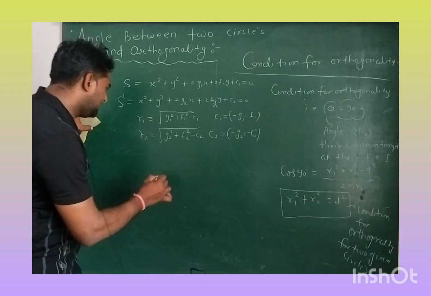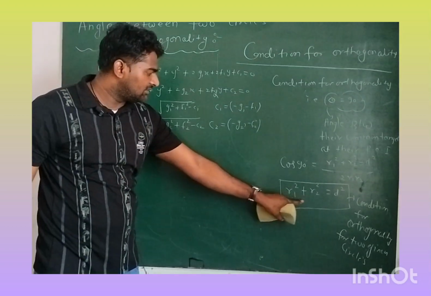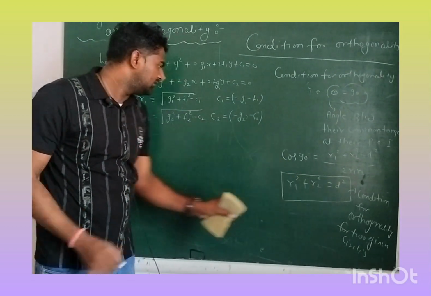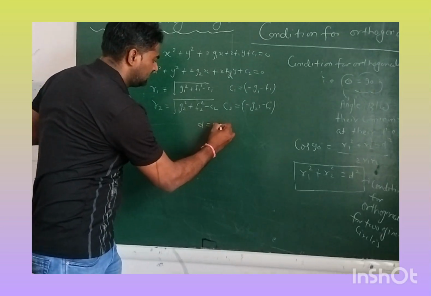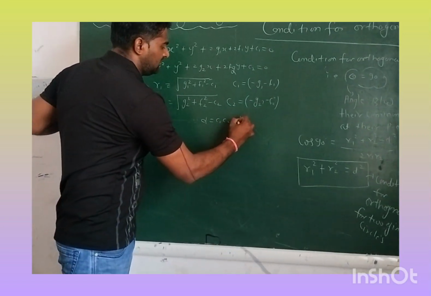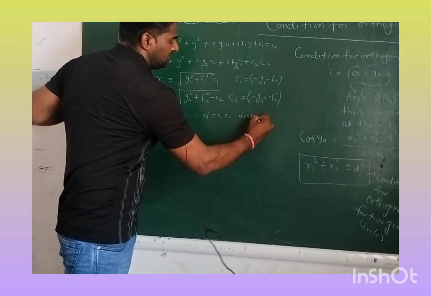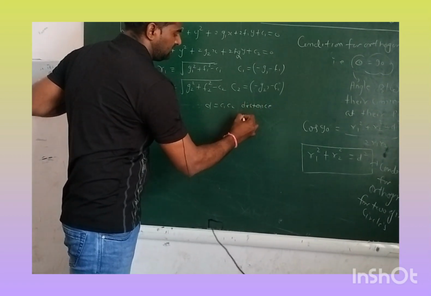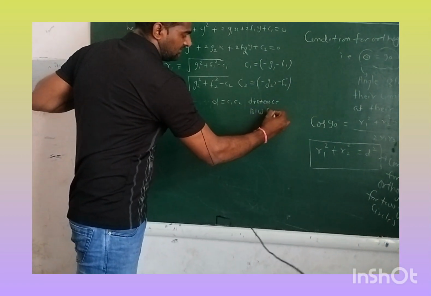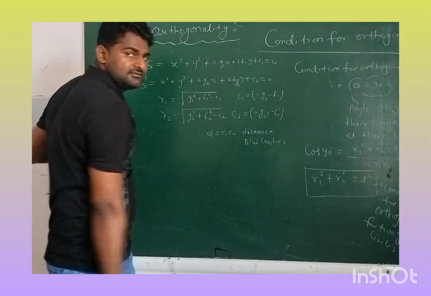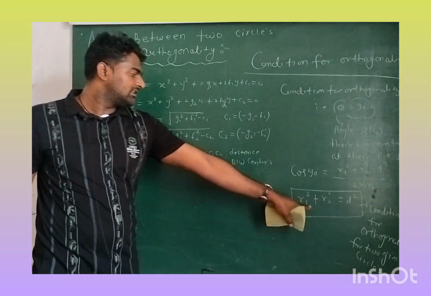So here we can find r1 square, r2 square and d square. What is d? D is C1 C2, the distance between centers. Okay, so now this value you put in this formula.